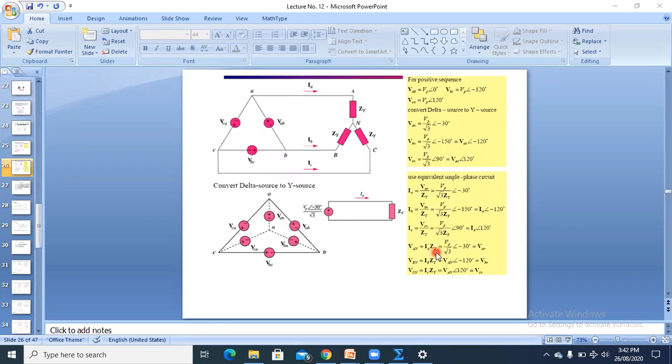That is IA times ZY, and that is equal to VAN, and VBN is equal to IB times ZY, and VCN is equal to IC times ZY. So in that system, the line voltage is equal to the phase voltage, and the line current is equal to the phase current.